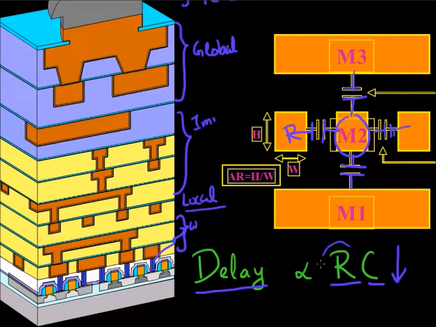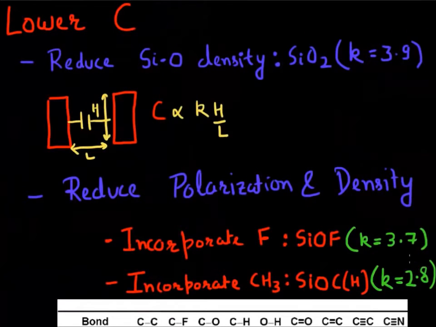So there are only two variables that we can play with. We can reduce the resistance of this line, and we can reduce the capacitance of this line. So let's look at how we reduce the capacitance, from a material perspective. The capacitance between these interconnect lines can be described by a simple equation where it's proportional to the height and inversely proportional to the distance between these interconnects.